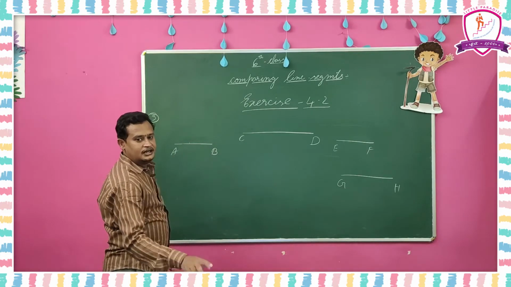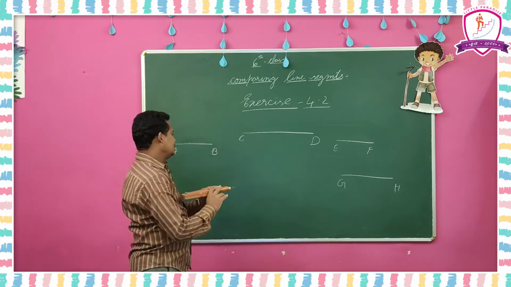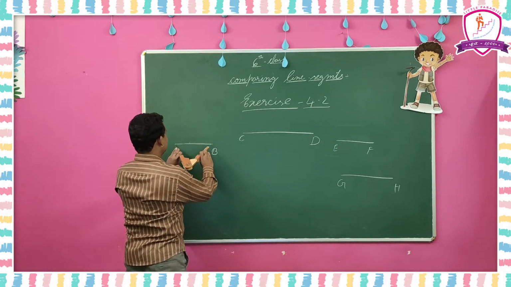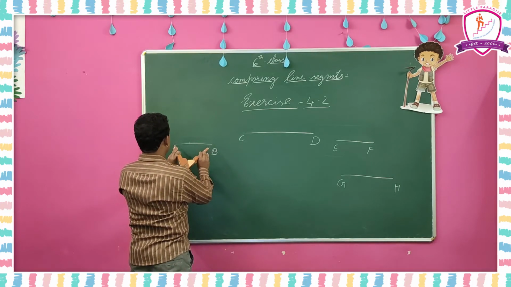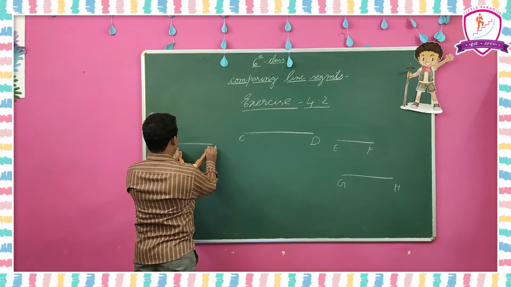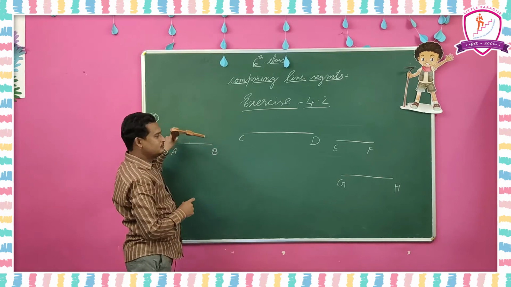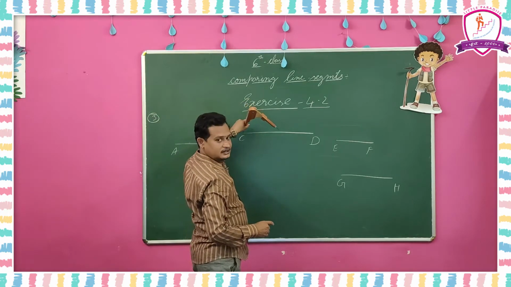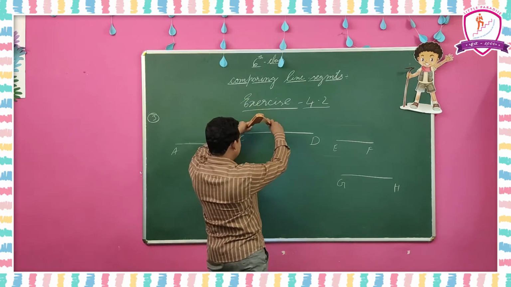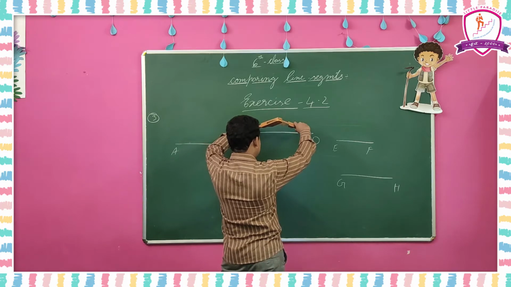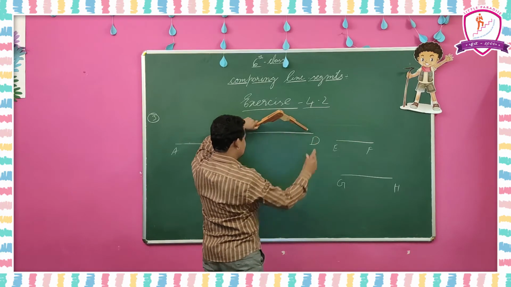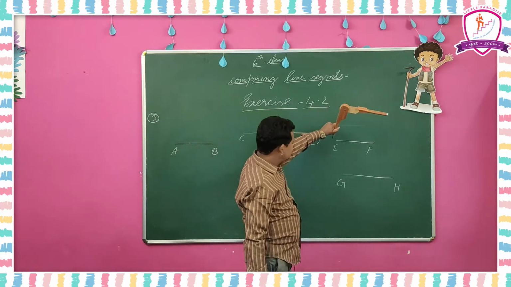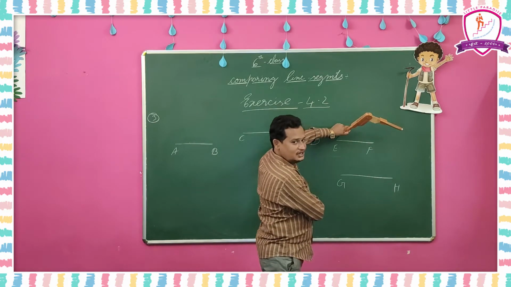In this third one, again you have to take the divider. So you have to put the divider like this. The longest one you have to find, meaning you are going to compare this to this. This is longer. Then change the divider like this and compare with the others. CD is long again.